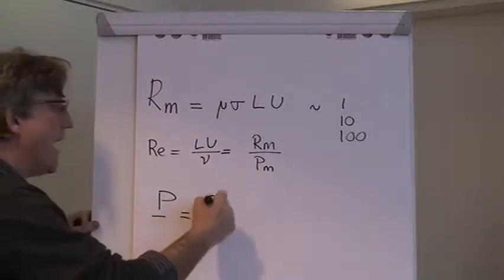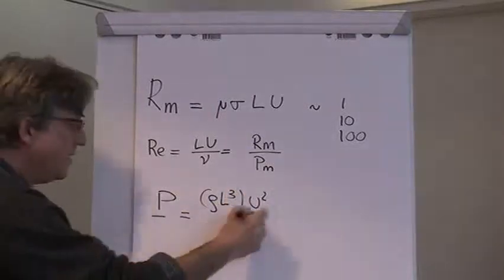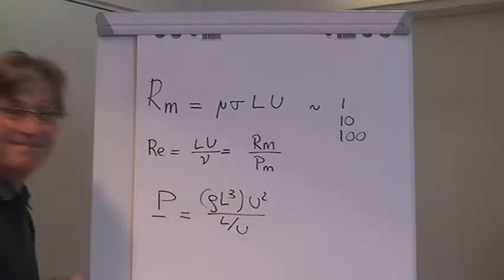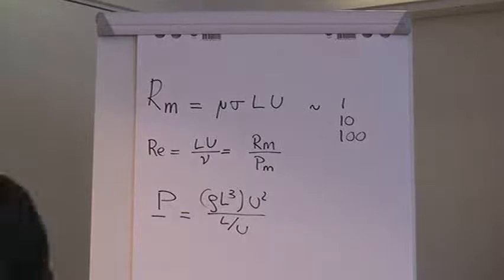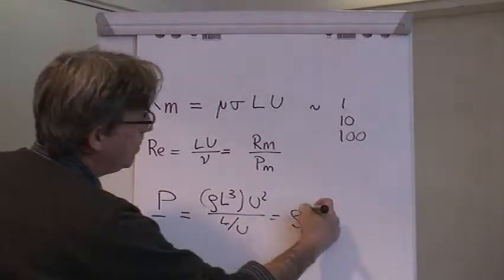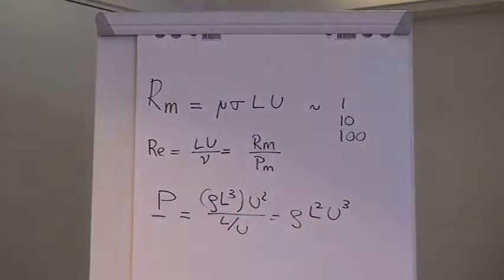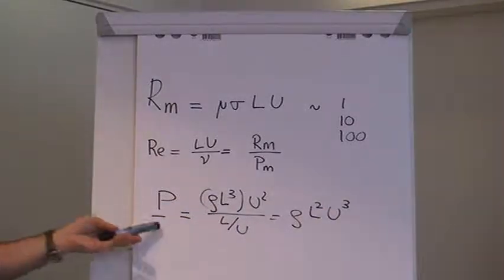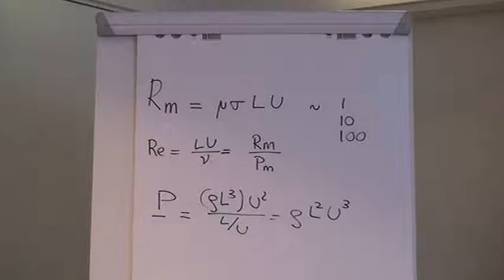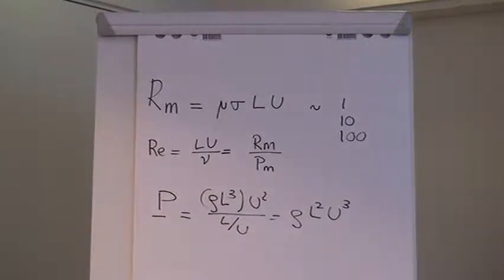Shaking means mass times velocity squared divided by time, so it has to scale like rho L squared U cubed. That's the scaling of how many watts you're going to put in. That immediately tells you something: if rho is 1,000, L is 1, and U is 10, you're playing with a megawatt.